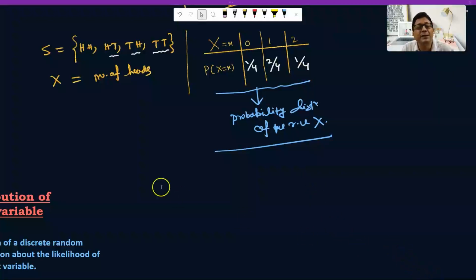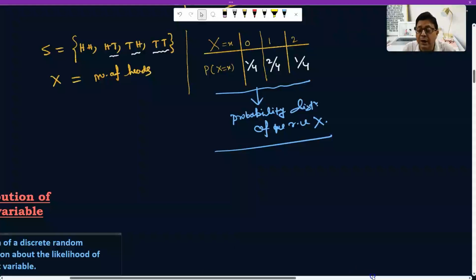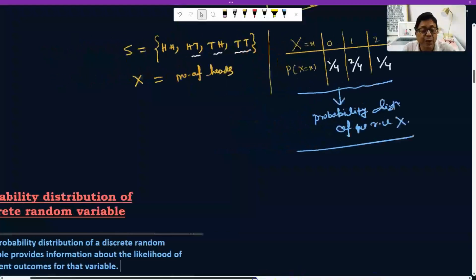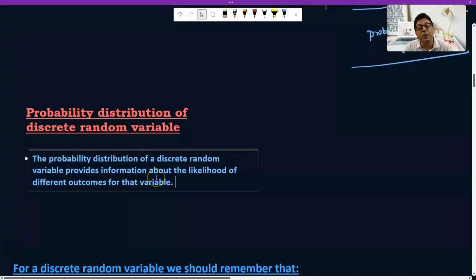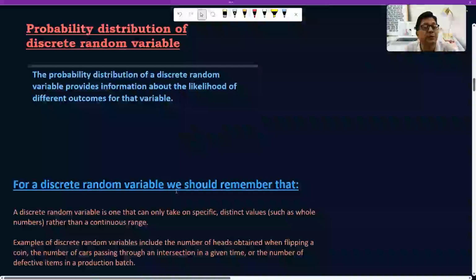So these events are all equally likely. They are outcomes of a random experiment. They have equal possibilities. So in a probability distribution, we should keep in our mind that they all come with equal possibilities. That's why the probability distribution of a discrete random variable provides information about the likelihood of different outcomes for that variable.